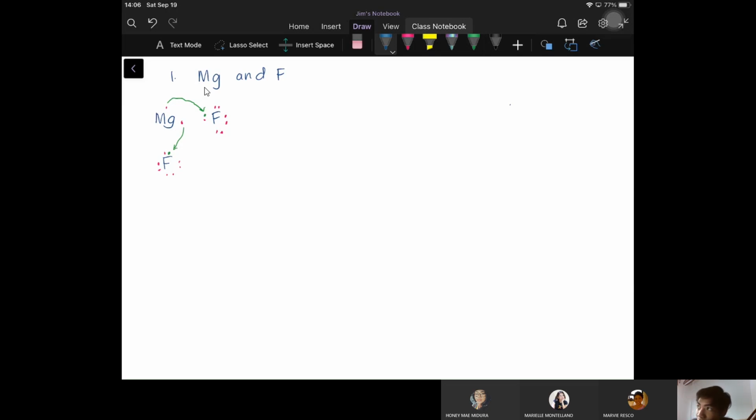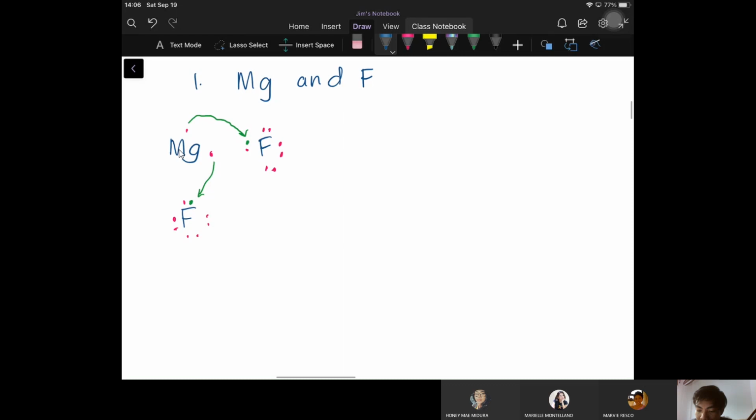Magnesium has 2 electrons to transfer. Yung isa ay mapupunta kay fluorine, yung isa sa isa pang fluorine. As it does so, mapapansin nyo, itong fluorine atom ay 8 na yung kanyang electrons. Ito, 8 na rin. Tapos ito, mawawalan siya ng dalawa. By doing that, stable na yan.